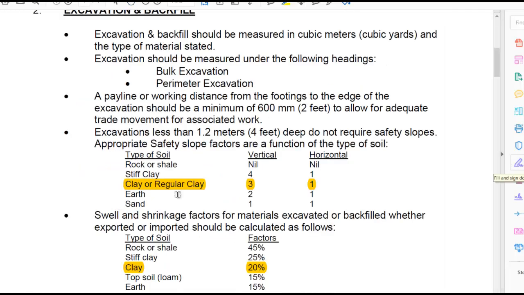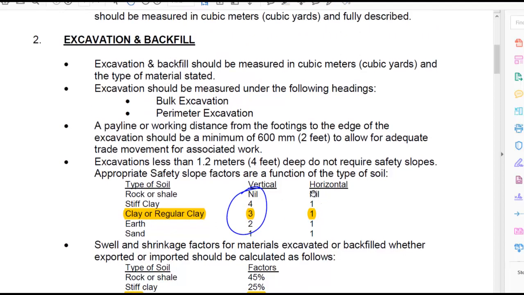It says if you have a clay, then the inclination is a 3. For each 3 vertical, you will have to go 1 horizontal. Meaning that if this is depth 3, the depth is a 3 here, then this will flare only 1. That is the meaning.